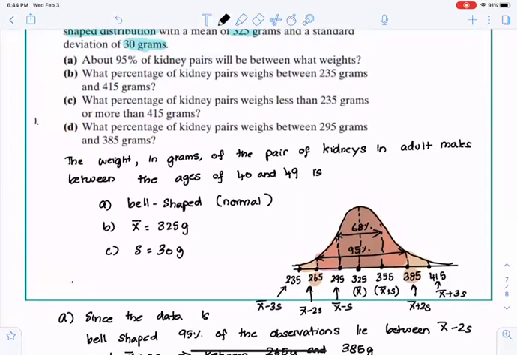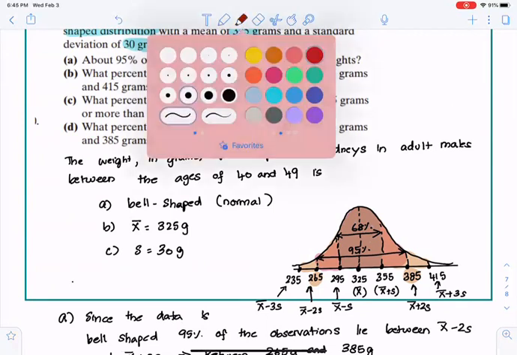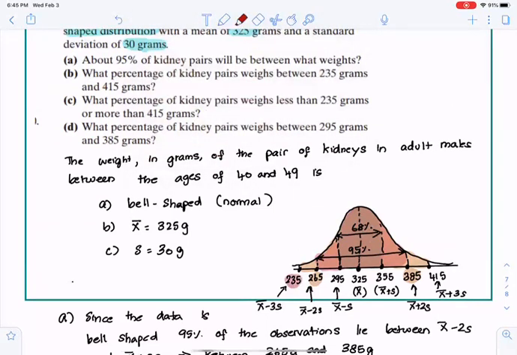Now we want to know what percent would lie between 235 and 415 grams. 235 is right here, 415 right there. So we know 235 is 3 standard deviations to the left of the mean, and 415 is 3 standard deviations to the right of the mean.